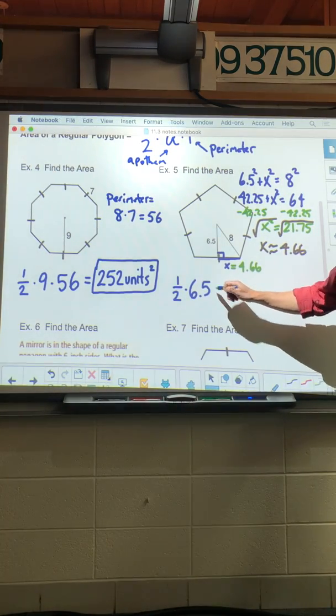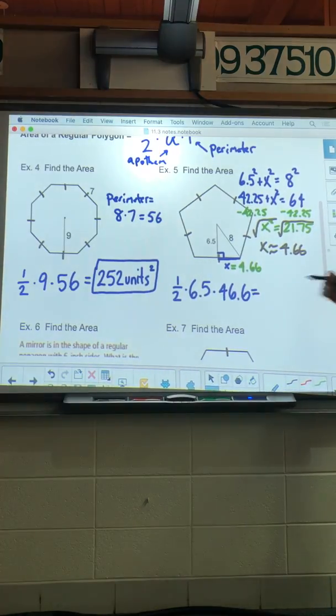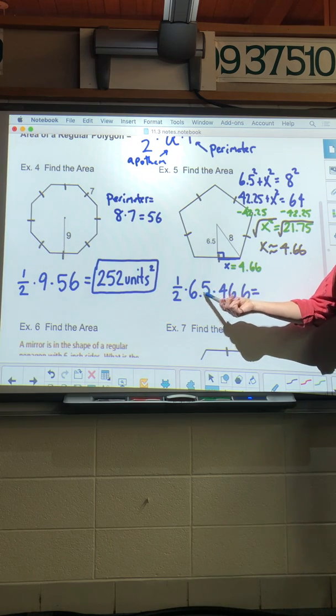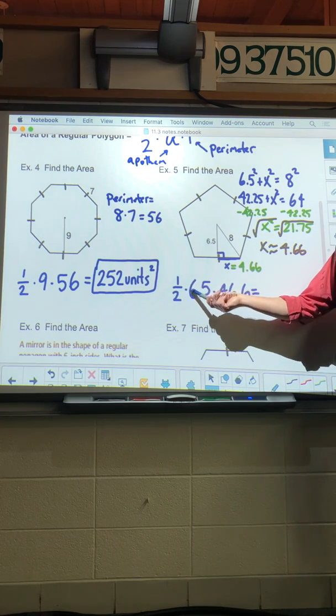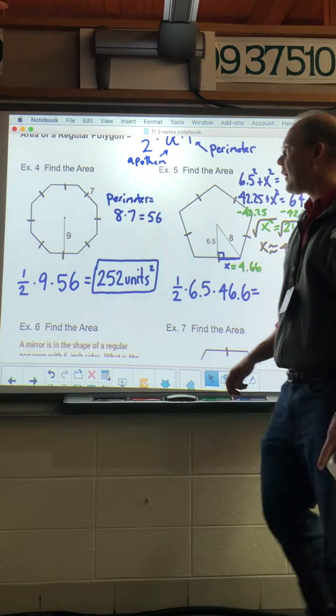So here I want to do times 46.6. Okay, but again, I'm not going to round it, I want to use that whole number that's in the calculator. So then I need to do times the apothem, 6.5, and then times 1/2. Okay?